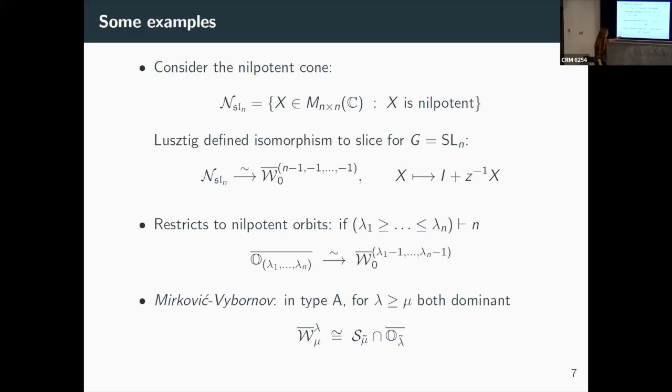There are some subtleties here in that this maybe is happening for SL_N. Here you're moving to GL_M, different sizes. Some funny stuff can happen, but these are a very interesting family of varieties, Slodowy slice and nilpotent orbit closure, and we're seeing them in type A. So these are exactly what the affine Grassmannian slices are in type A.